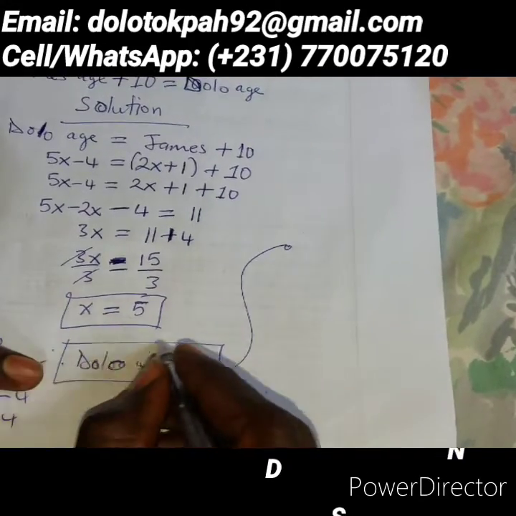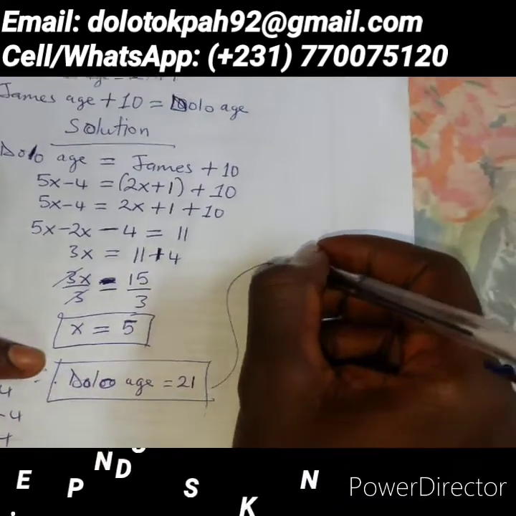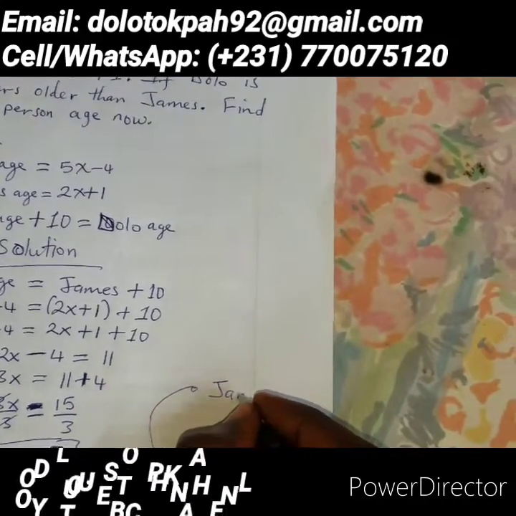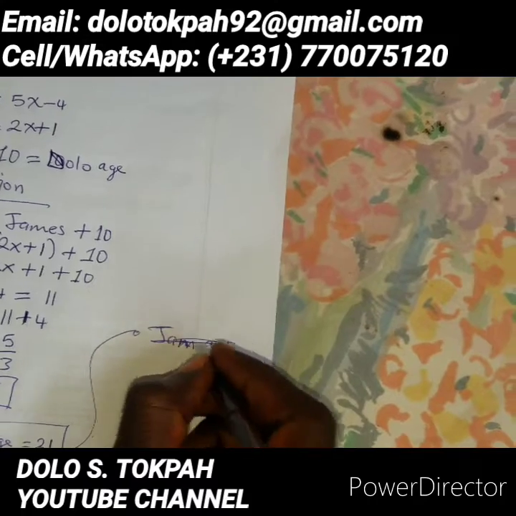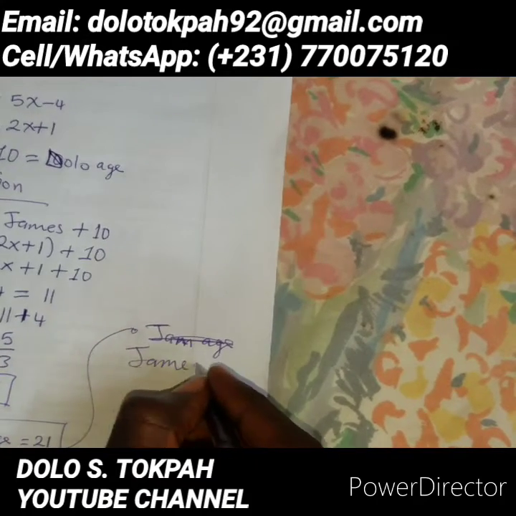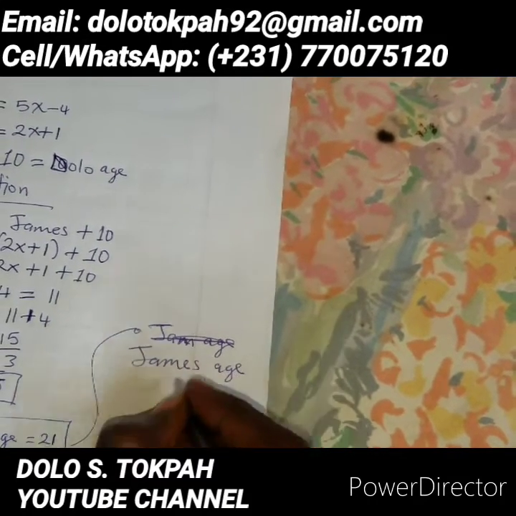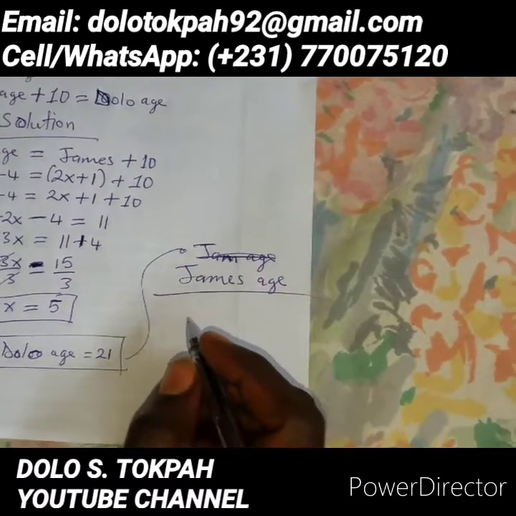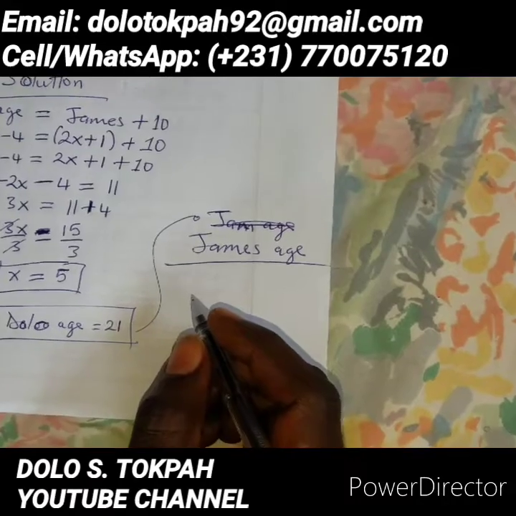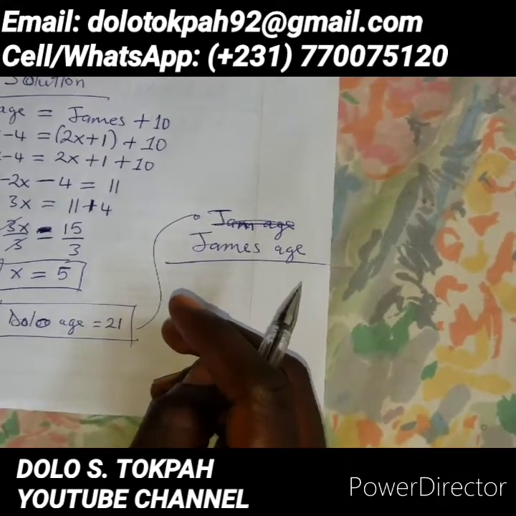Then, since we're done with this, we go to James. James's age, as per the expression in the question, is 2x plus 1.